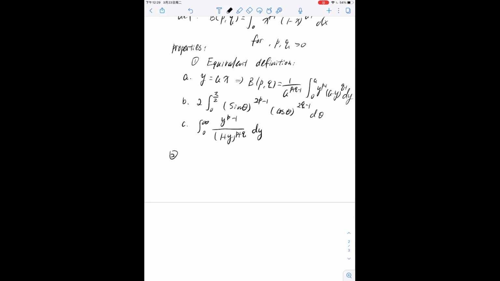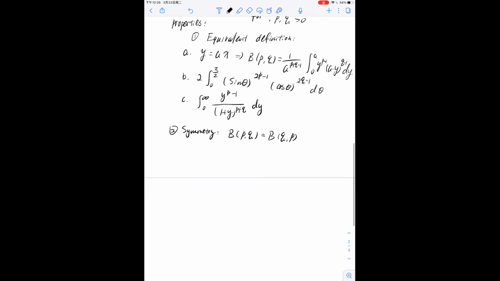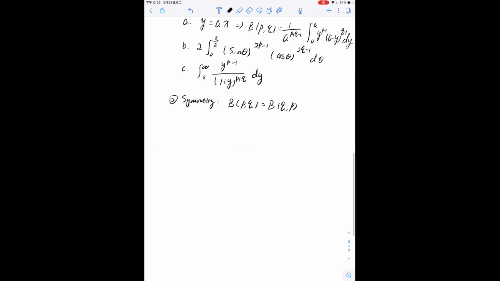A second property is symmetry. That is, B(p,q) equals B(q,p). And the last one is its relation with the gamma function.